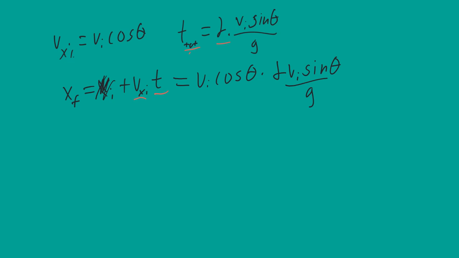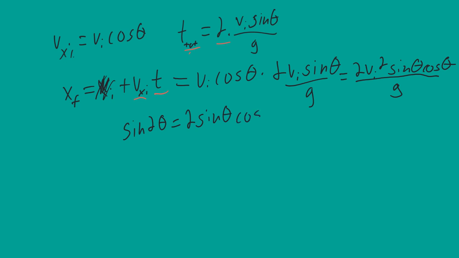I could clean this up a little bit so that I can put things together. It should be 2 v_i squared sine of theta cosine of theta all over the acceleration of gravity. Now this isn't very clean, but there is a trigonometric identity, and it mentions that this identity is on appendix B.4, and it is that sine of 2 theta is equal to 2 sine of theta cosine of theta.